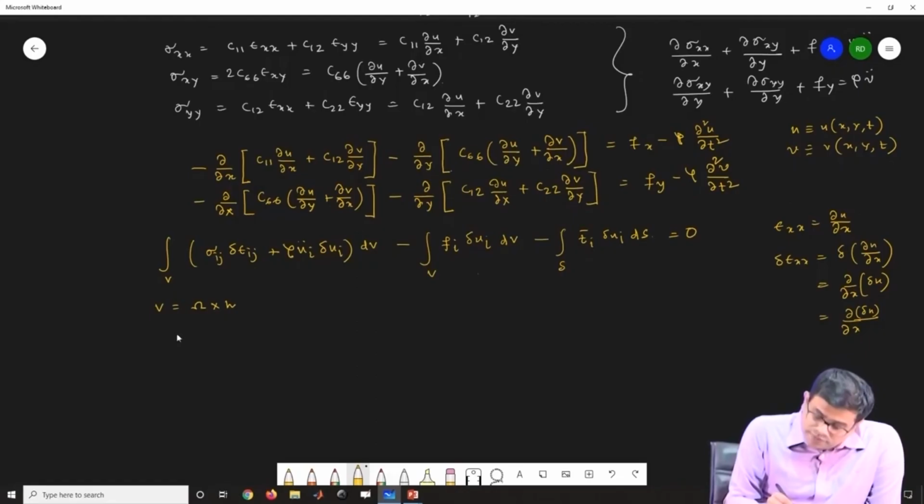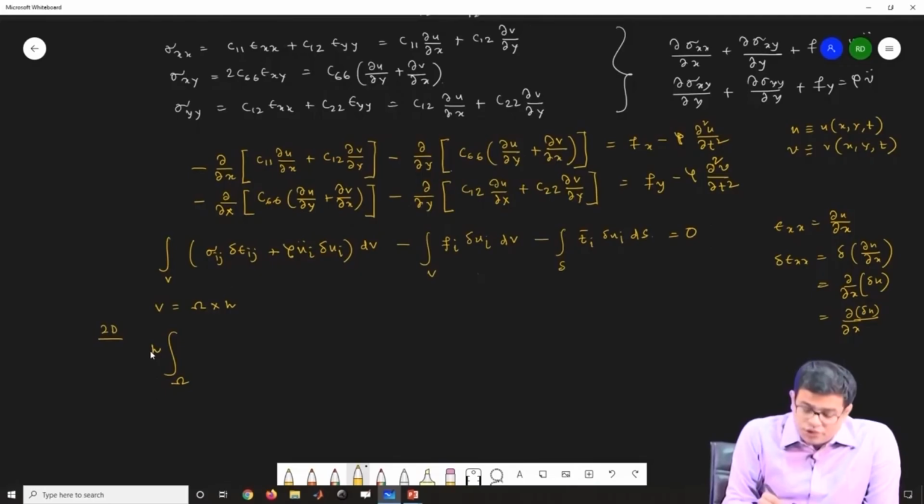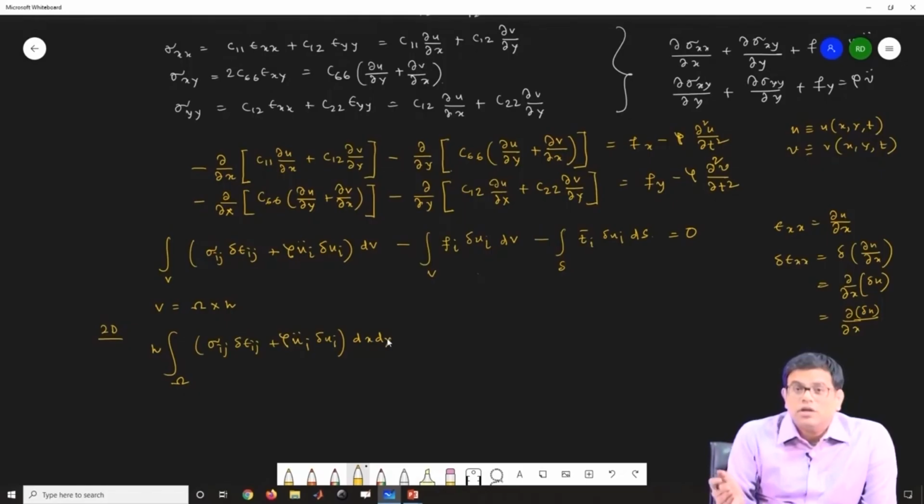So this weak form for 2D, this variational statement for 2D, will be integral over omega, with the thickness H multiplied, of sigma ij delta epsilon ij plus rho ui double dot delta ui, dx dy. My domain is now a two-dimensional domain in the xy plane.